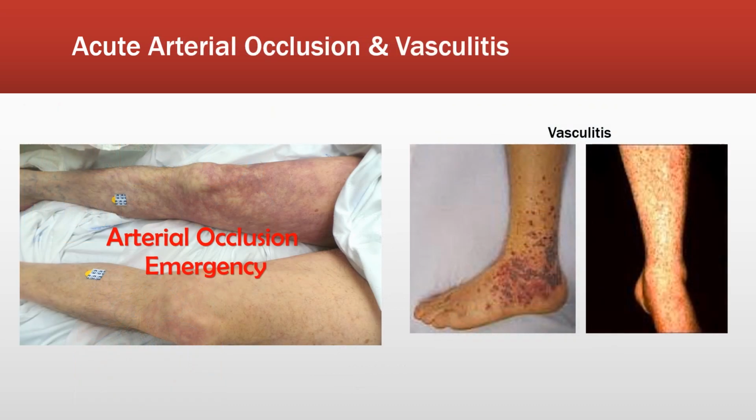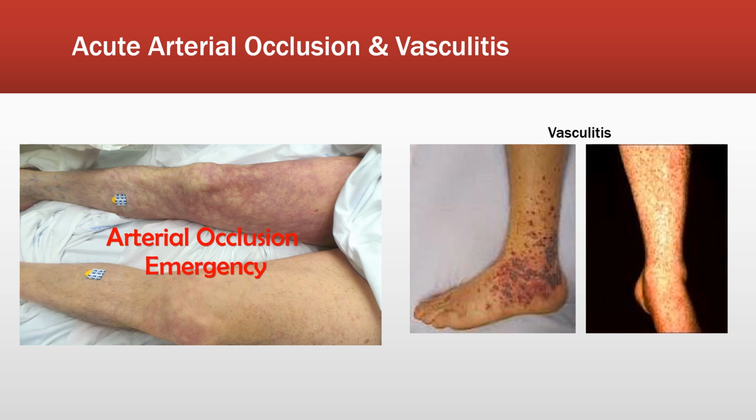Acute arterial occlusion is sudden occlusion of arterial blood flow due to trauma, a thrombus, tumor, emboli, or who knows, idiopathic. It frequently involves the abdomen or the extremities. In the picture on the left, you've got it in the lower extremities.